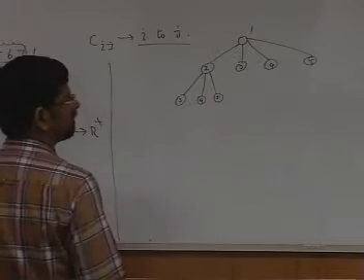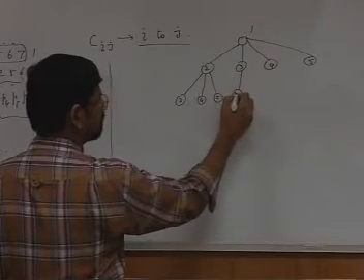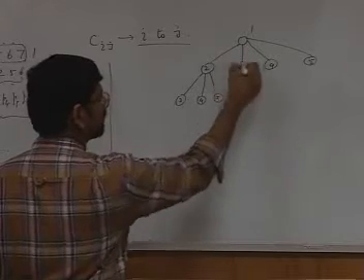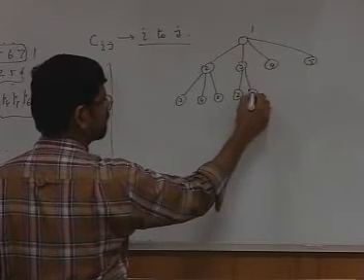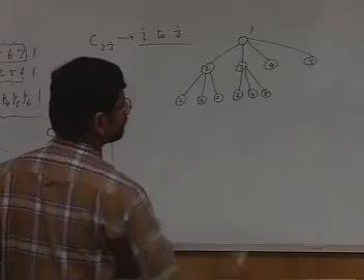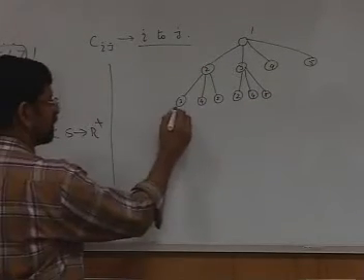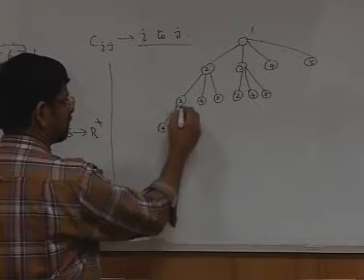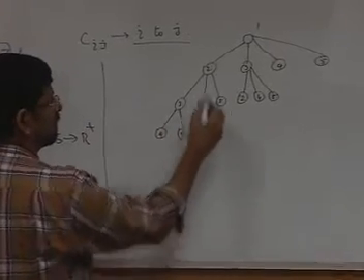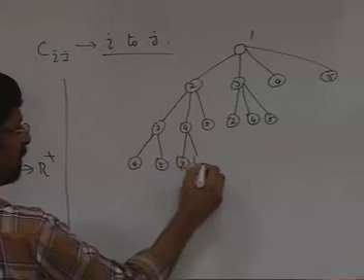All these are possible. Having decided to go from 1 to 3, 1, 3, 2 is possible, and 1, 3, 4 and 1, 3, 5. Having decided to go 1, 2, 3, you can go either to 4 or to 5.